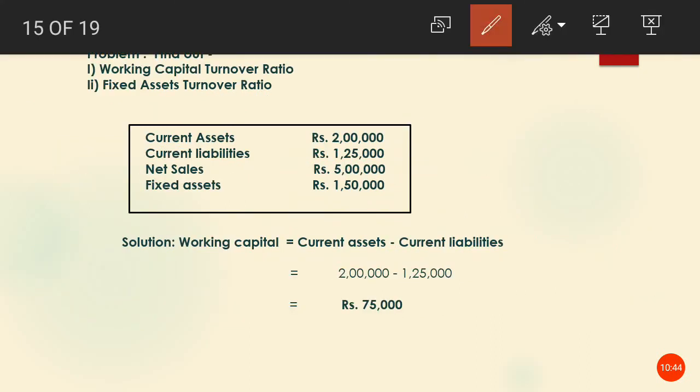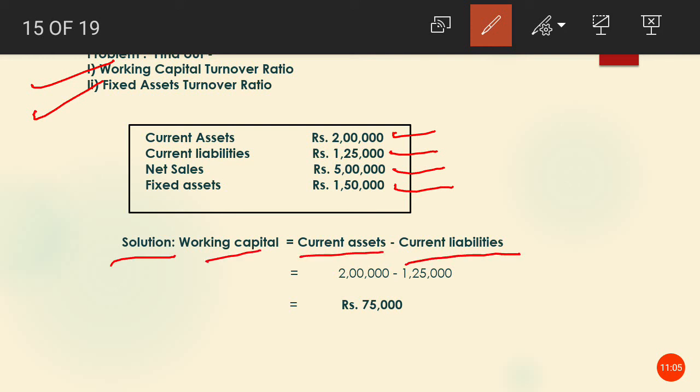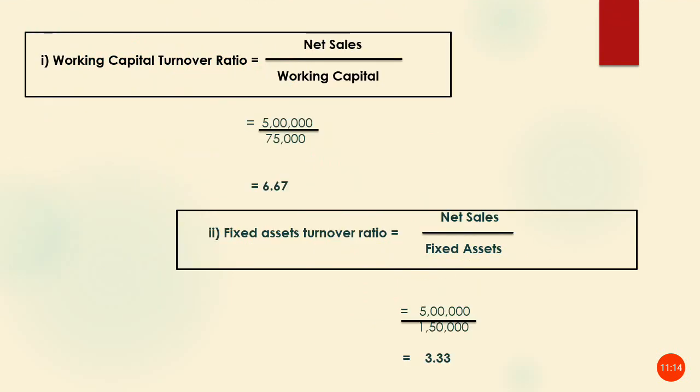Let's see this example. Problem: find out working capital turnover ratio and fixed asset turnover ratio. Current assets 2 lakh, current liabilities 1,25,000, net sales 5 lakh, fixed assets 1,50,000. Solution: working capital is equal to current assets minus current liabilities, is equal to 2 lakh minus 1,25,000, is equal to 75,000. 1.